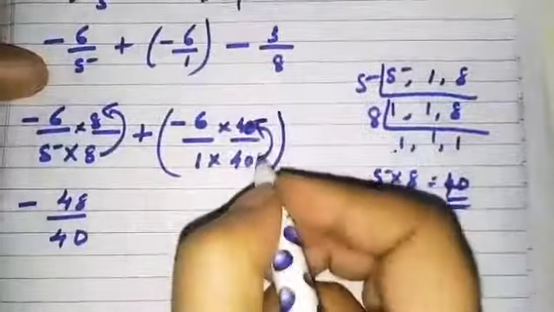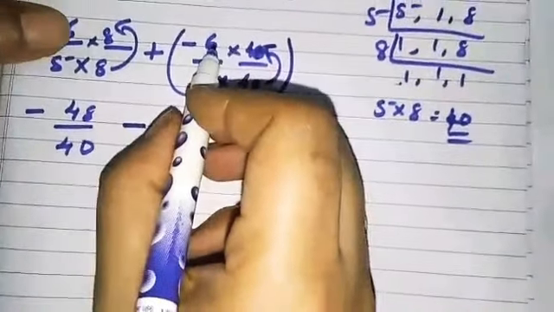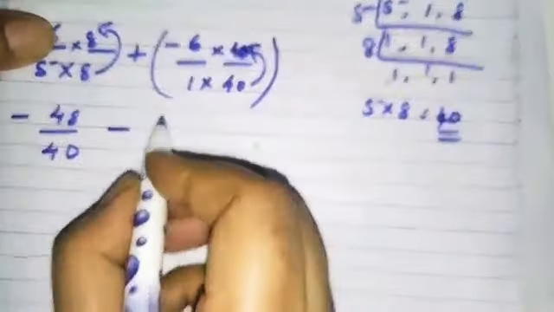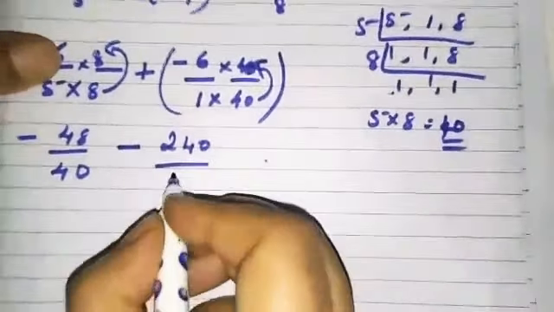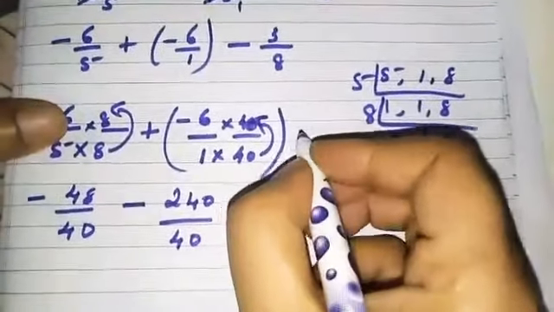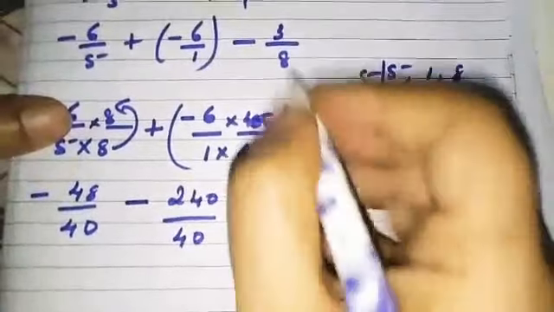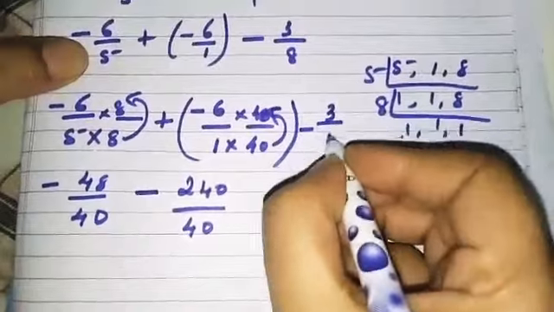Okay, so let's solve this one. So plus into minus is minus, and 6 into 40 gives me 240, divided by 1 into 40 gives me 40. And the next one is minus 3 by 8. So for minus 3 by 8, I think I don't have space here, but let me just write it like that.